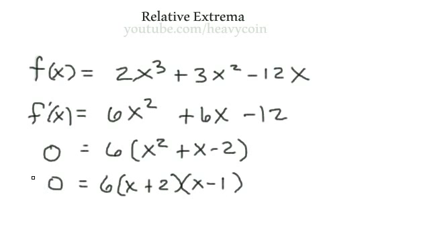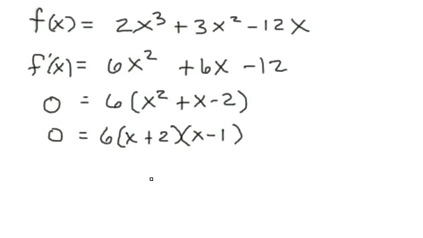Okay, I believe that factors right. x plus 2, x minus 1. Alright, so our critical numbers are going to end up being negative 2 and 1, right? What can I plug into here to get 0, and what can I plug into here to get 0 also? So those would be the solutions to this equation, negative 2 and 1, and those will be our critical numbers.